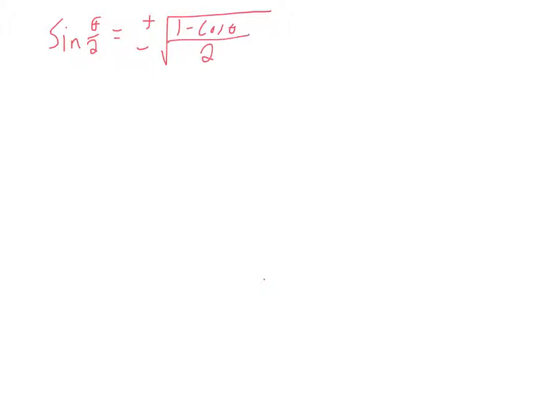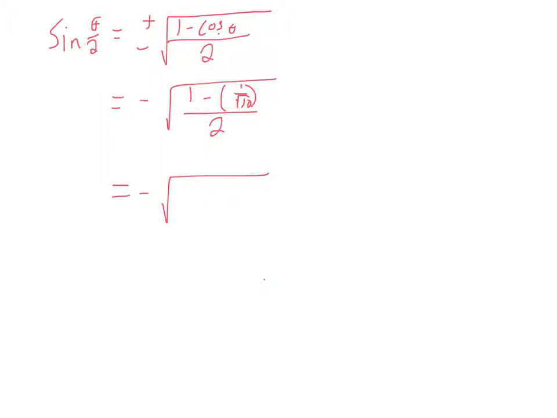That was one of the formulas we derived yesterday, the half angle formula for sine. Sine has to be negative or positive? Negative. So we can drop the plus or minus and just have it be negative. Square root of 1 minus cosine theta, where cosine is 1 over square root of 10, over 2.